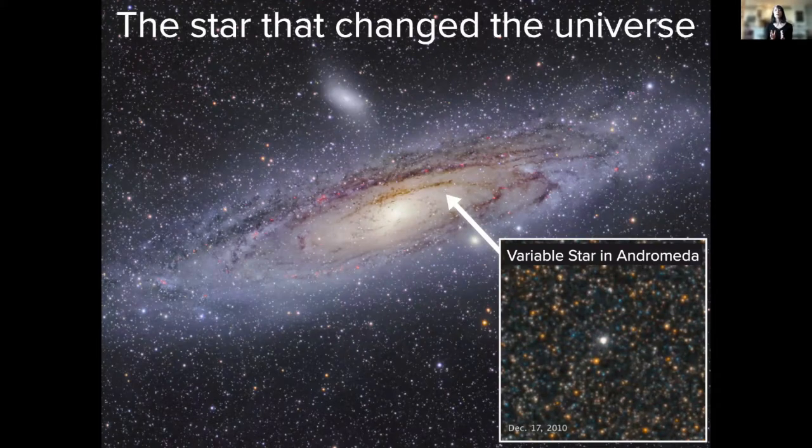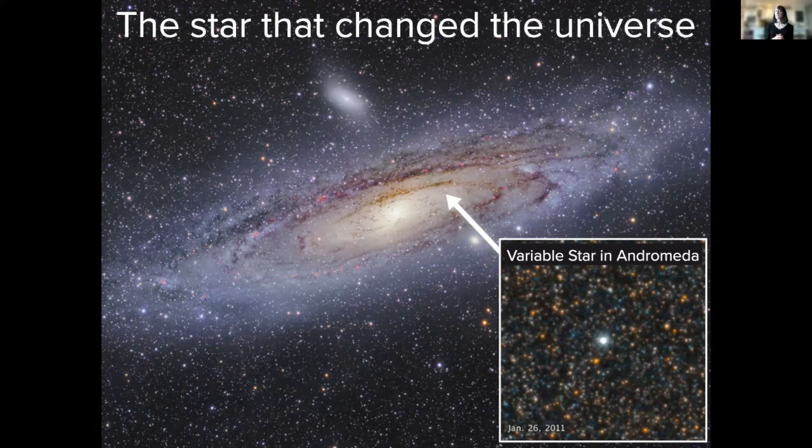And Hubble found that there was one of these variable stars in Andromeda. He used this relationship discovered by Henrietta Leavitt to measure the distance to this galaxy, and therefore found that it was far, far too distant to be part of our Milky Way galaxy.